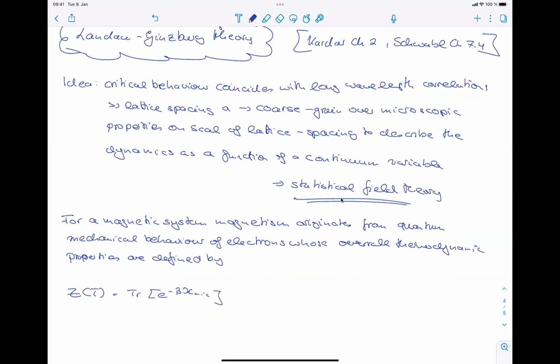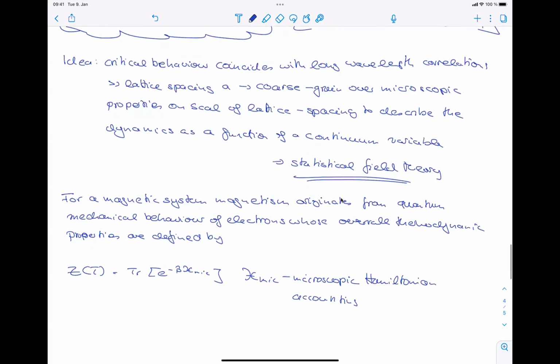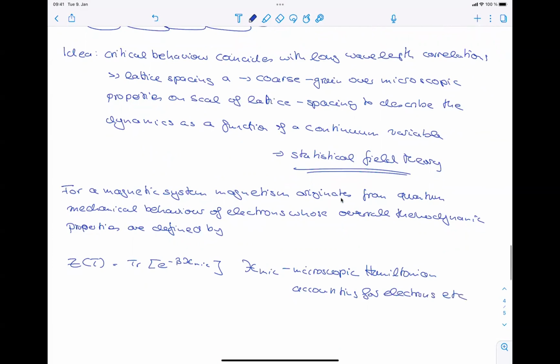So in principle I have this Hamiltonian that really takes care of all the electrons inside. So I have a microscopic Hamiltonian accounting for electrons. And so now it's very obvious that this is impossible to calculate.